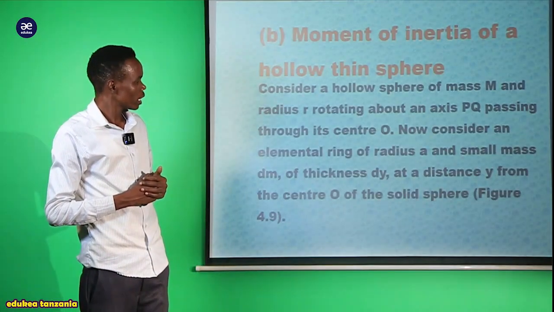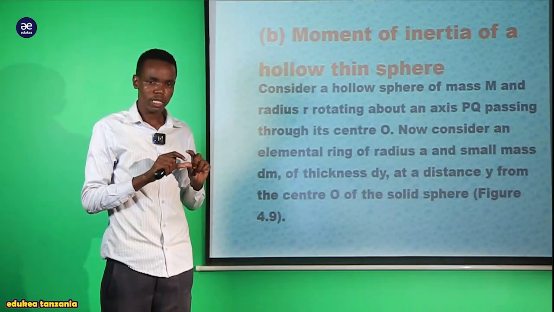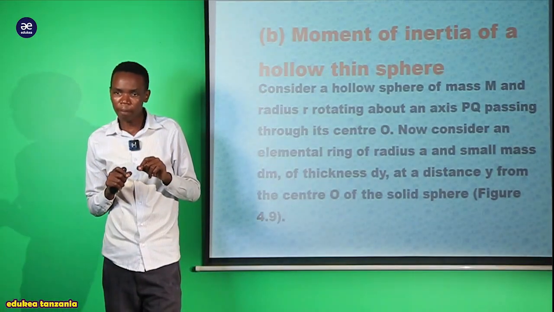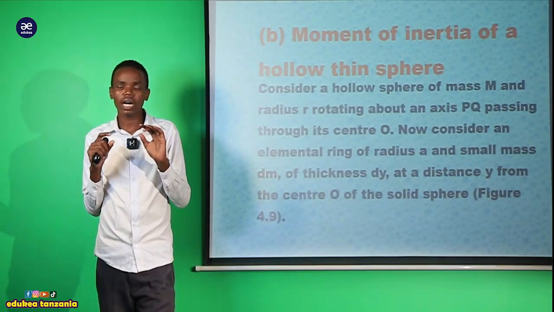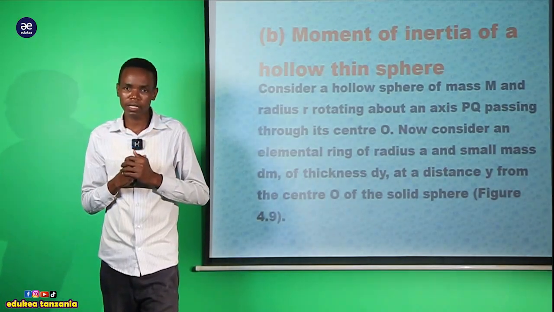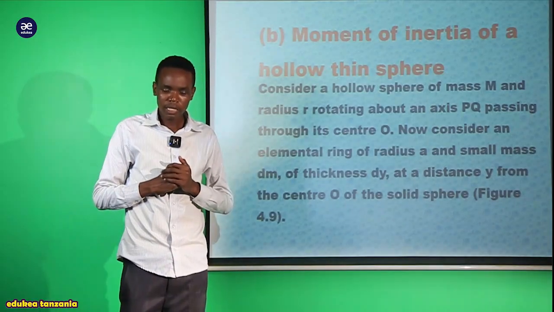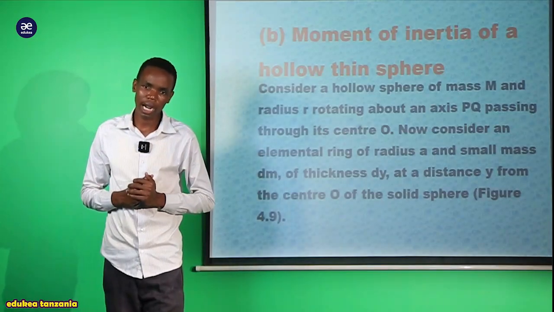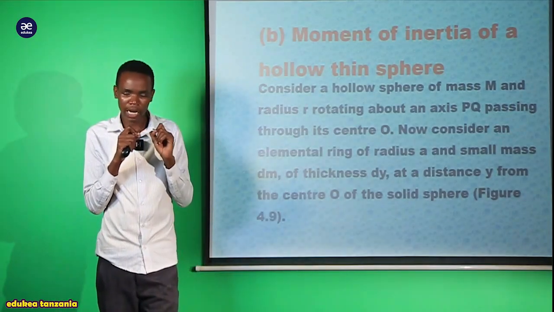As we look here, we are supposed to consider the figure of the whole sphere. On the next slide, we are going to see the figure that represents the whole thin sphere, containing the mass m and having the radius r.